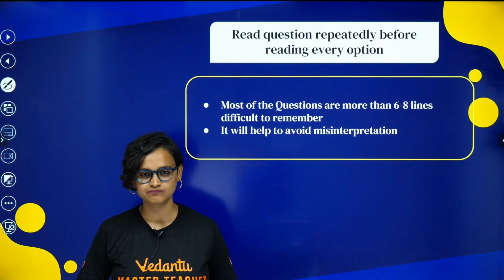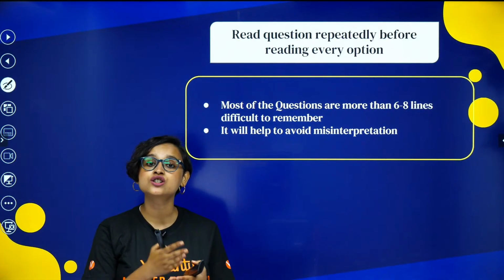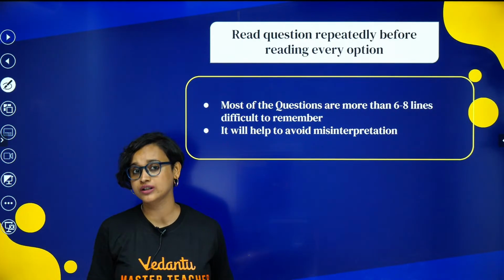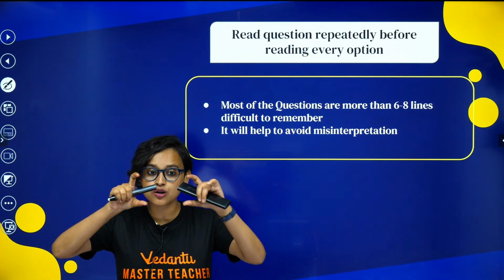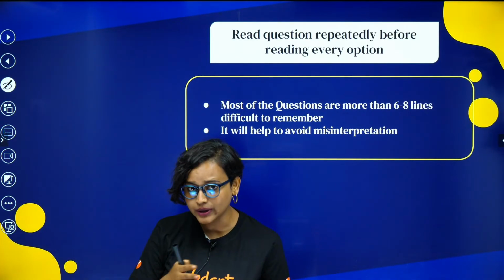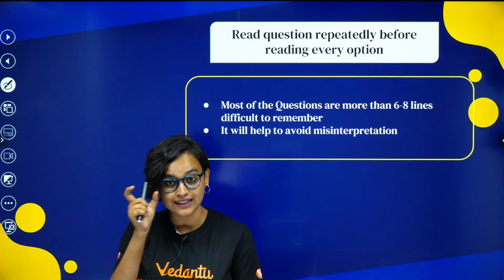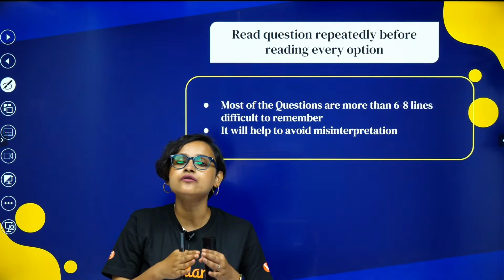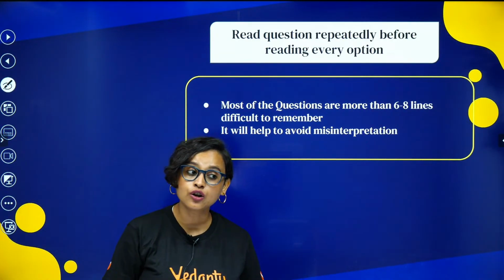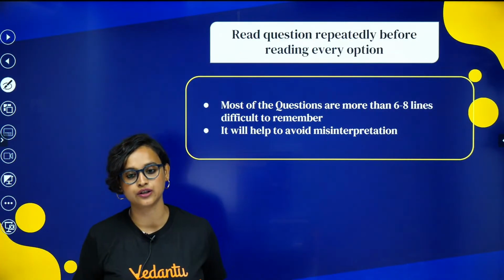So it's a better idea to read the question at least 2-3 times, or more than that, because they are really big questions. And when you read it slowly, break it into pieces and then read it 2-3 times, then there will not be any misinterpretation. You will not be misinterpreting the question that is given to you.